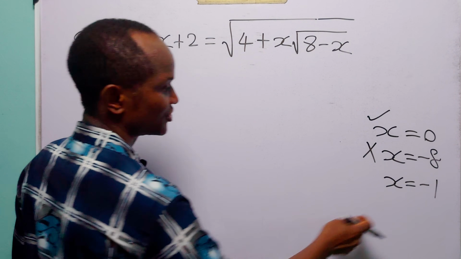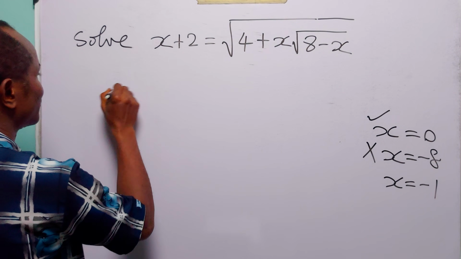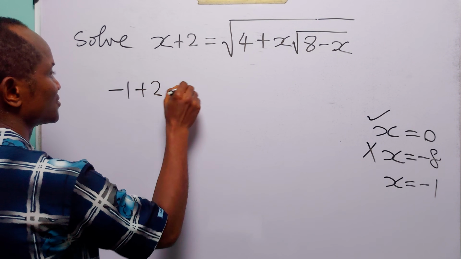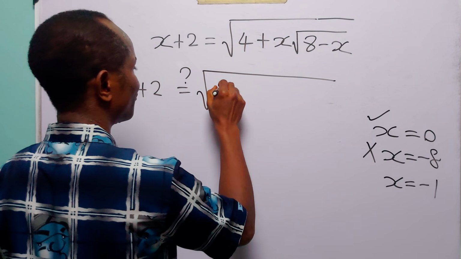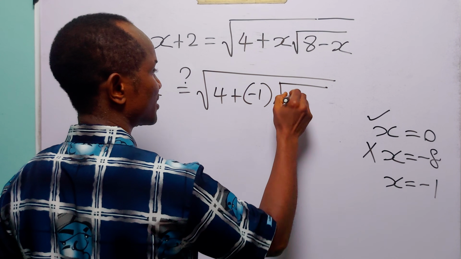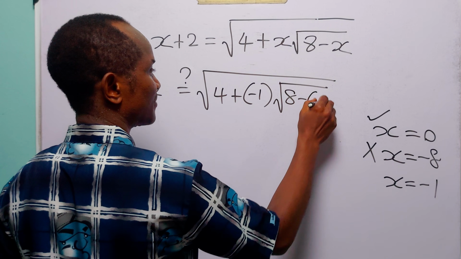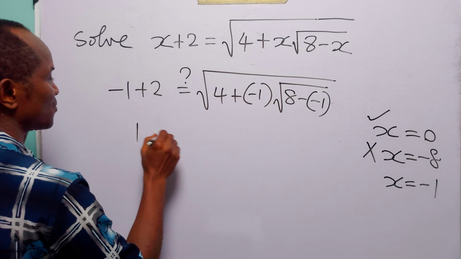And finally, substituting x equal to −1 into the original equation, we have −1 plus 2. Is this equal to the square root of 4 plus (−1) times the square root of 8 − (−1)? −1 plus 2 is 1.